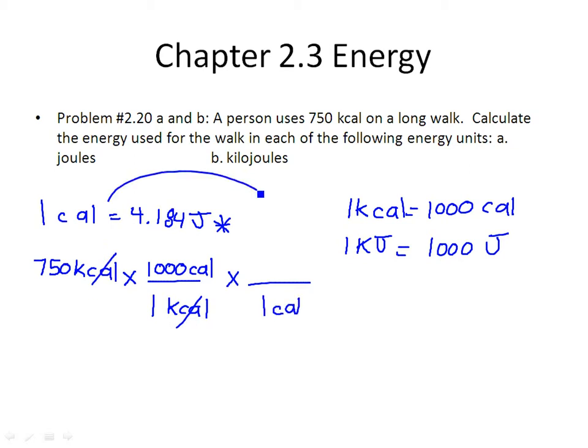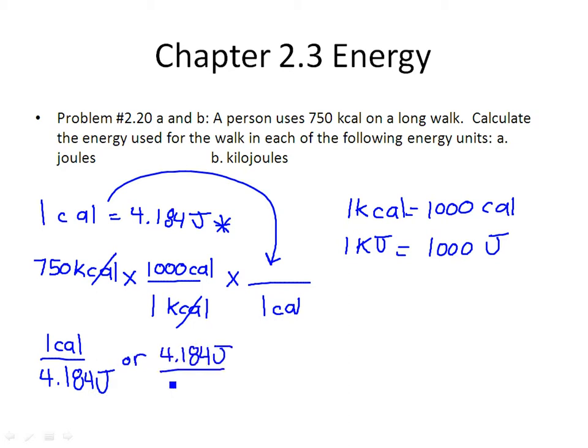Now we're going to put in our conversion factor, so we can look at it as 1 calorie or the other ratio, and we're going to use the second ratio that I've shown here because we need calories in the denominator.